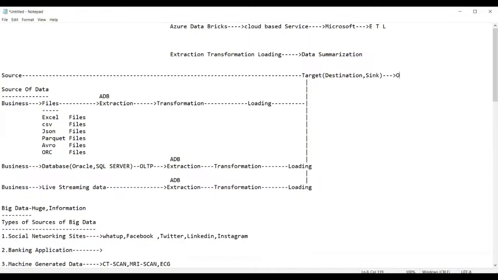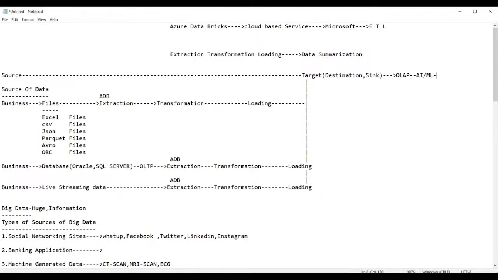Now we use a technique called OLAP, online analytical processing. On this data, we further apply artificial intelligence or machine learning. Synapse performs this type of job, focusing more on the visualization of the data.